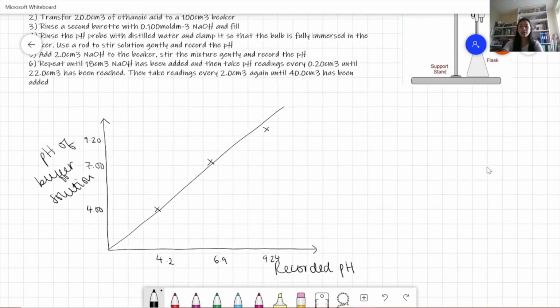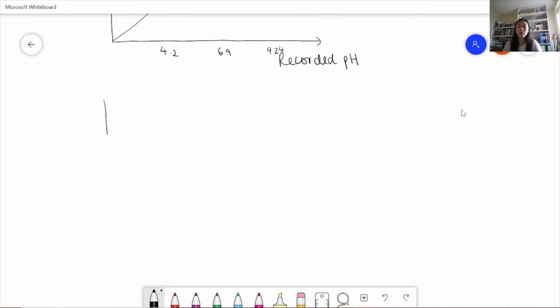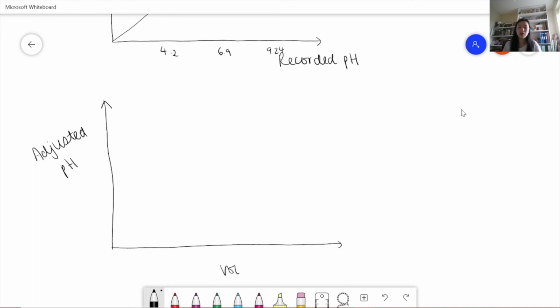And then what we do is we plot another graph, on the y-axis this time it will be the adjusted pH. So after using the calibration curve, what the pH value is, and then we have the volume of sodium hydroxide added.